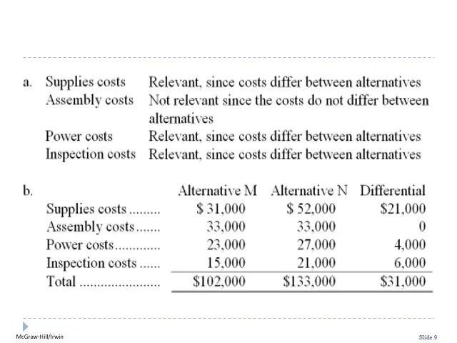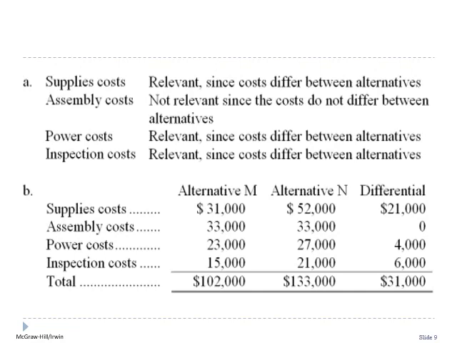To identify differential costs, supplies cost is 31,000 for alternative M and 52,000 for alternative N, so the difference between them is 21,000.